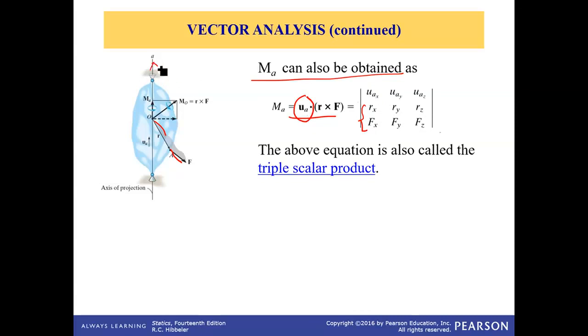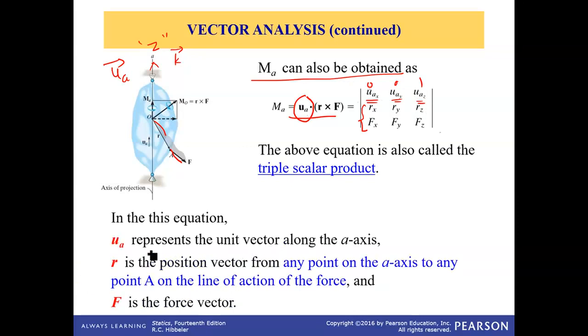So this axis A has a unit vector UA, and it has three components UAX, UAY, and UAZ. For example, if this axis A is z-axis, then the unit vector for z-axis is k, and these three numbers will be 0, 0, 1. No x, no y, only k. But if this axis can be any arbitrary axis, then it can have three components: UAX, UAY, and UAZ.